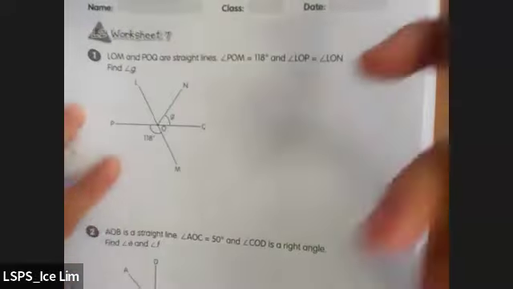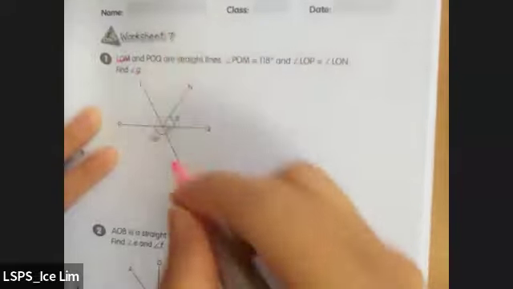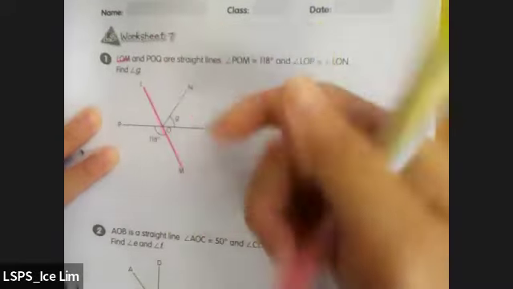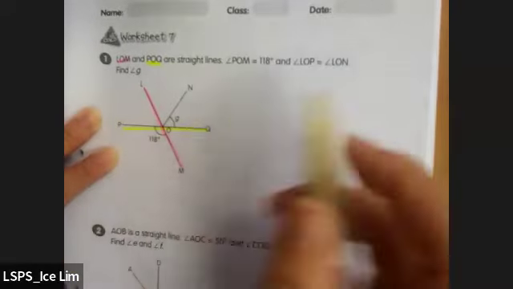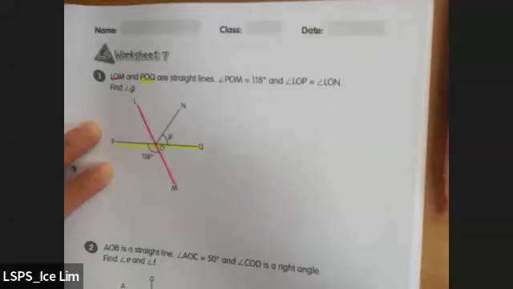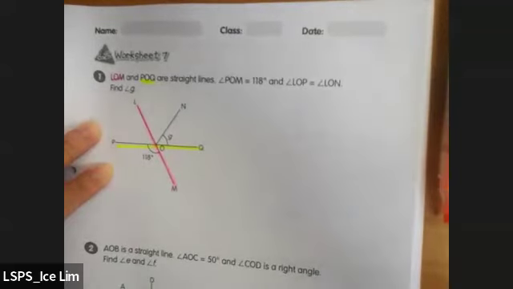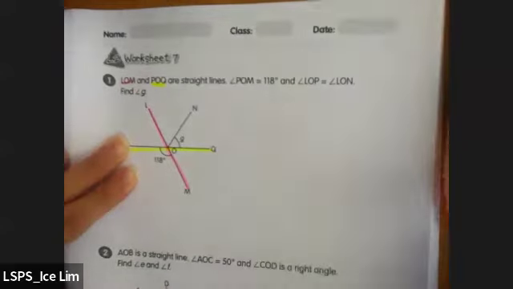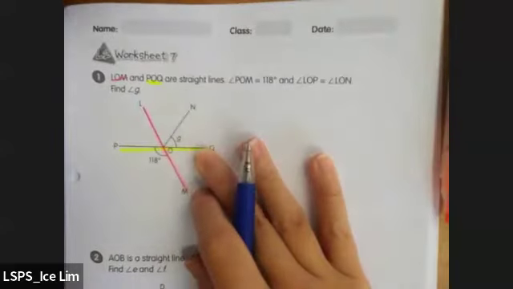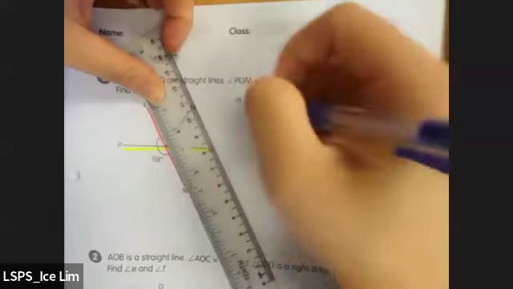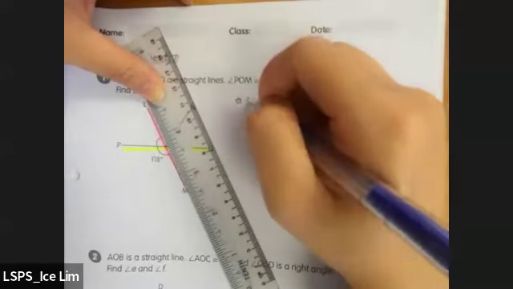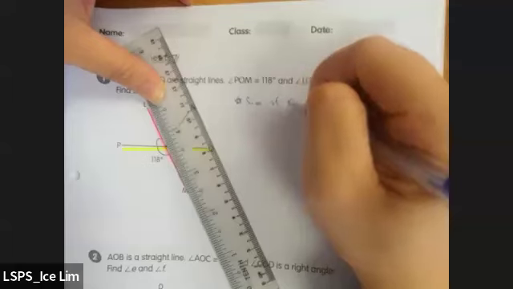I'm back on this question. So I'm on LOM here, POQ here, and I said the first step is to use this straight line here to find the angle LOP. So the first rule was sum of angles on a straight line.